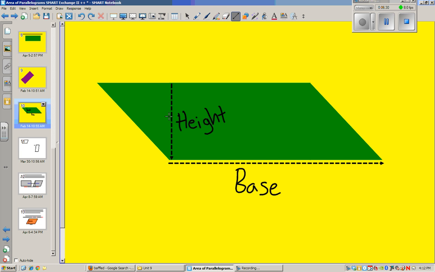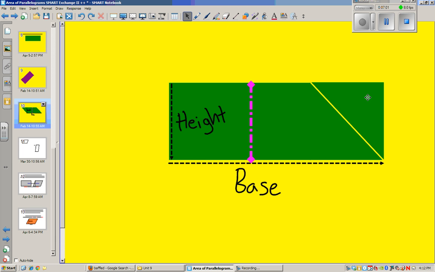So this line right here is the distance from the base to the opposite side. That's the height, not this distance diagonally from corner to corner. That is not the height. And the reason we have to keep the height as this line from base to opposite side is what I just showed you, because then the height stays the same when we make this into a rectangle. It's still this.